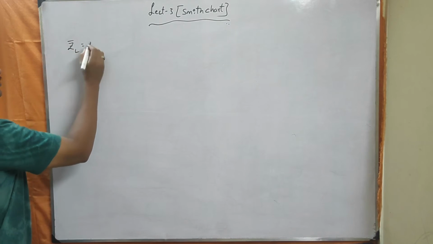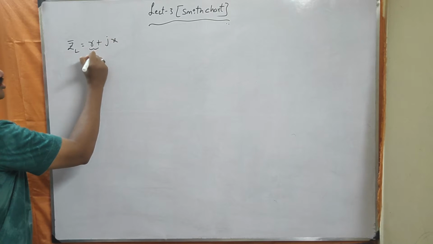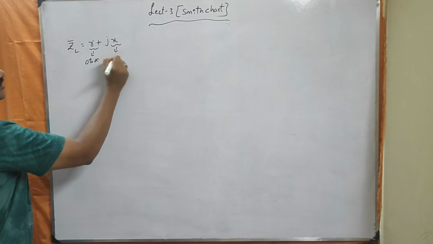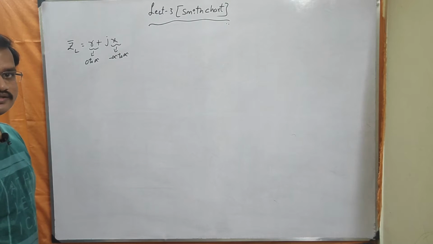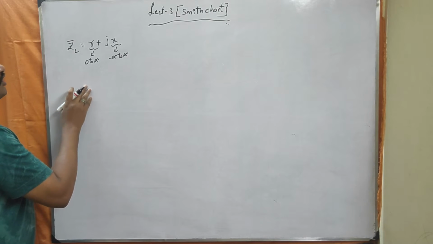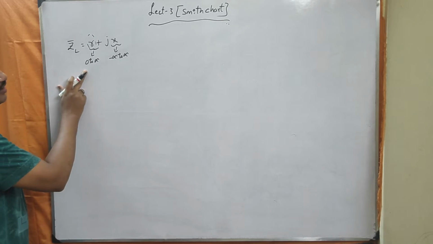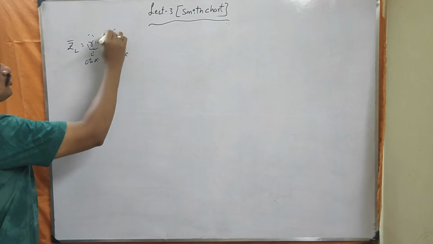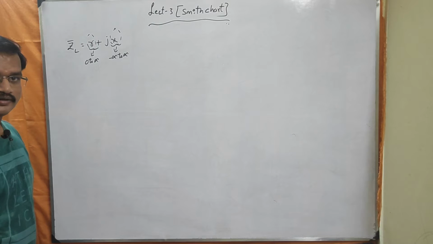We have written ZL bar is equal to R plus JX, and the range of R is from 0 to infinity and the range of X is from minus infinity to plus infinity. So we have successfully mapped all these possible values of resistances onto the gamma plane, and also we have successfully mapped all these possible values of reactances onto the gamma plane.